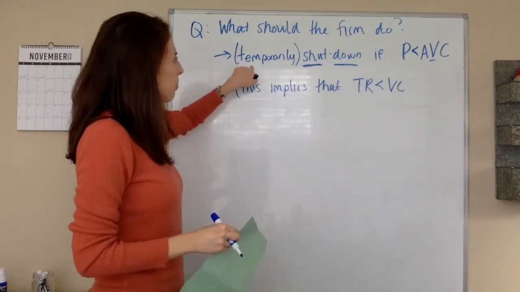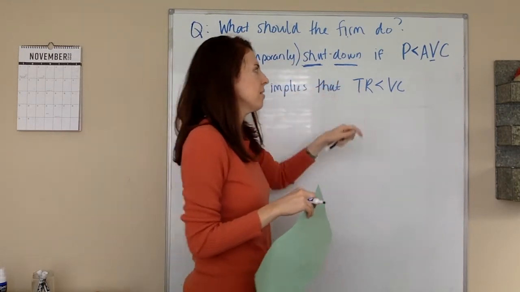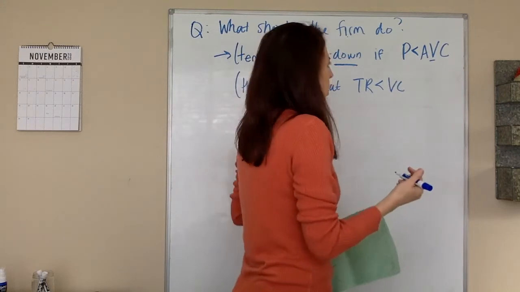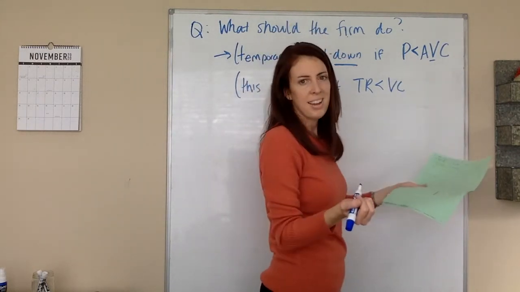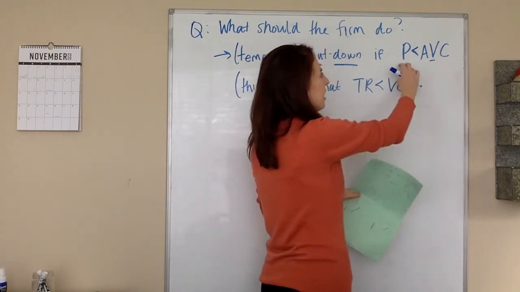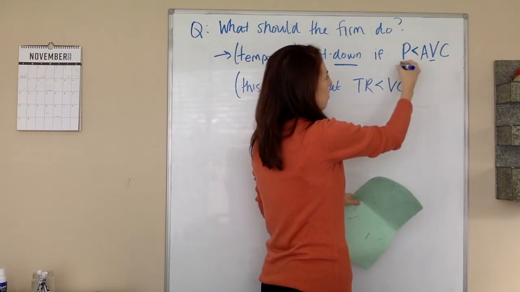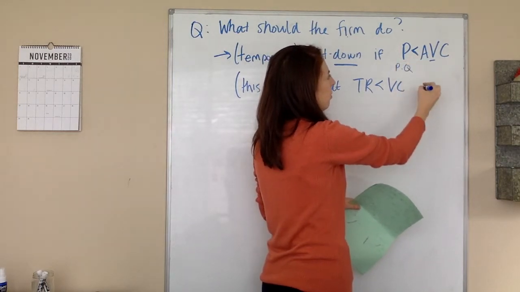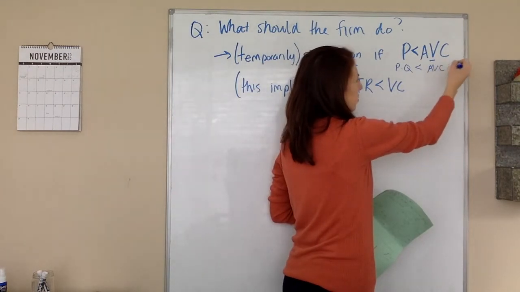The firm should temporarily shut down or just suspend producing stuff if the price is less than the average variable cost. Mathematically, one thing you can do to an equation is do the same thing to both sides. So let's multiply each side by Q. If we had price multiplied by Q, then on the other side we'd have average variable cost multiplied by Q.